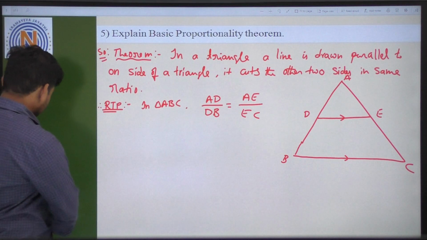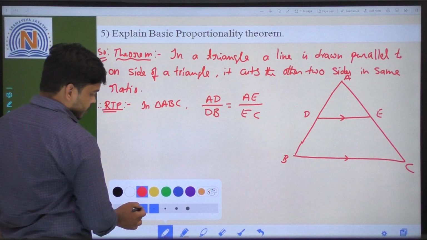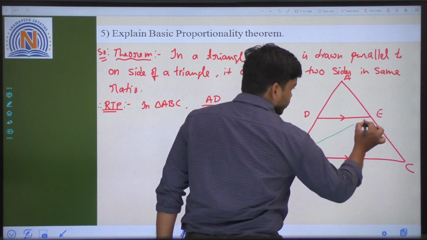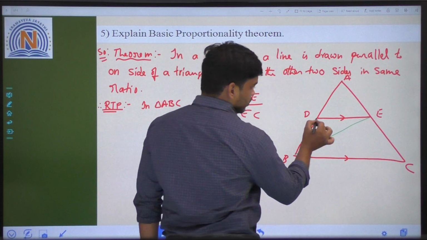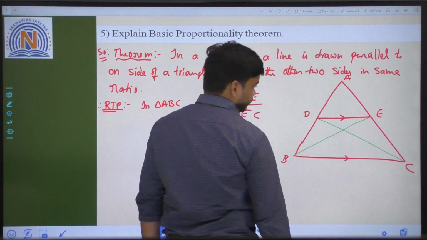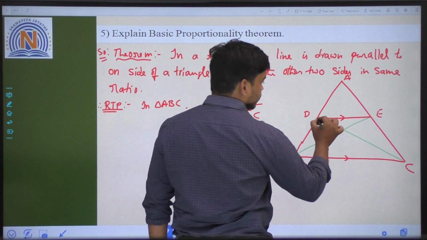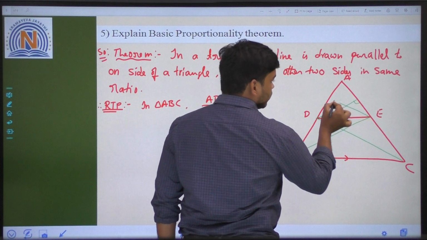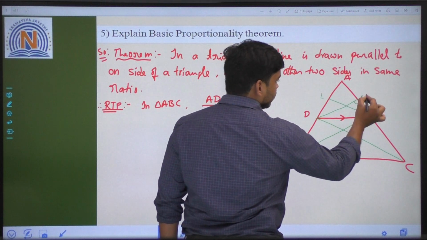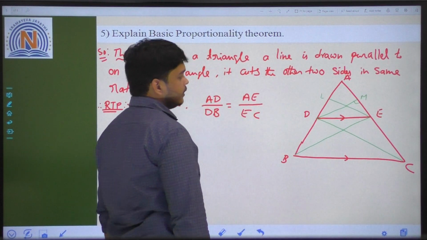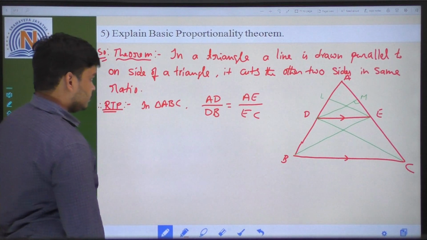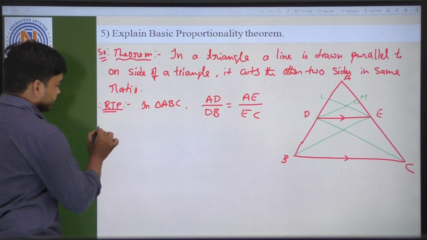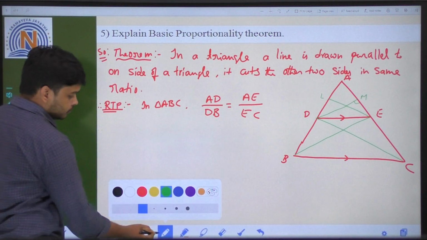Now I am joining B and E points, and D and C points, at L and M. Now the proof.